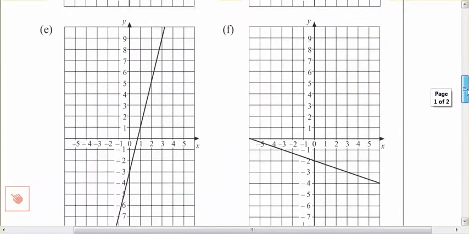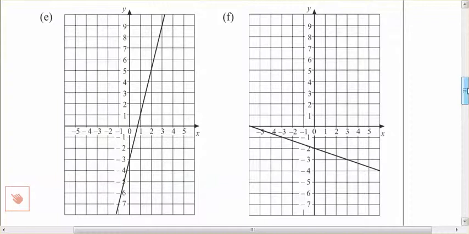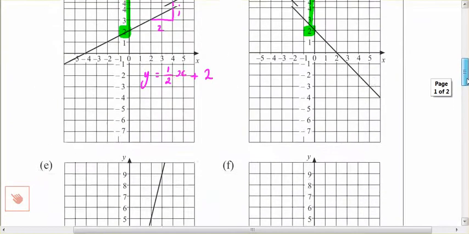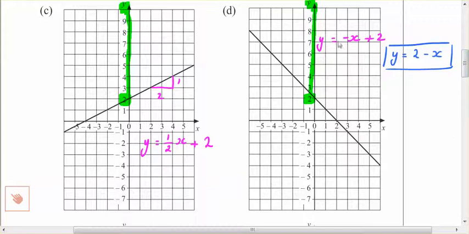Okay, so we've got E and F to do. But you didn't write the answer for the gradient for D. It's minus 1, isn't it? So we go across 2, down 2. Do I need to write minus 1 times x, or can I just write minus x?